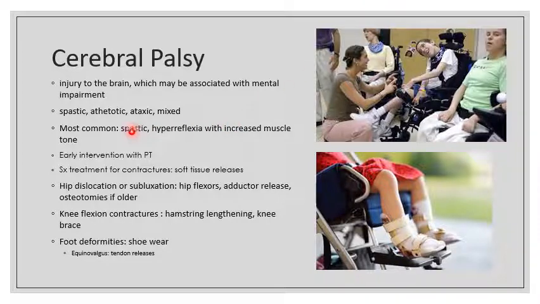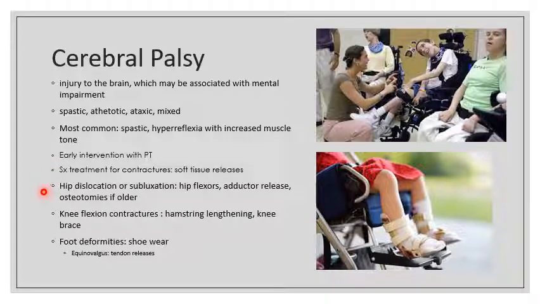So as I mentioned, it's most commonly spastic, with hyperreflexia and increased muscle tone. What's important is to work with an early intervention with the physical therapist. Our aim here is to prevent contractures, and basically our surgical treatments are for contractures and soft tissue releases.